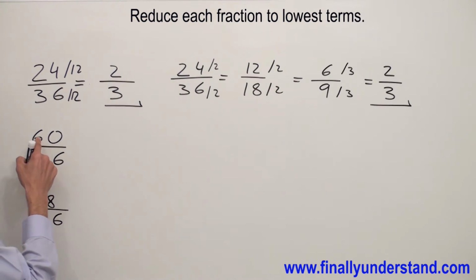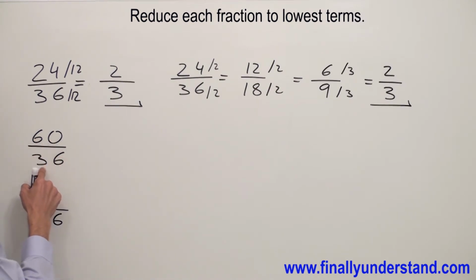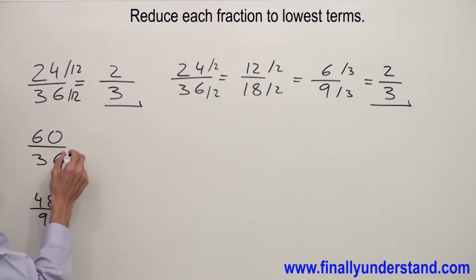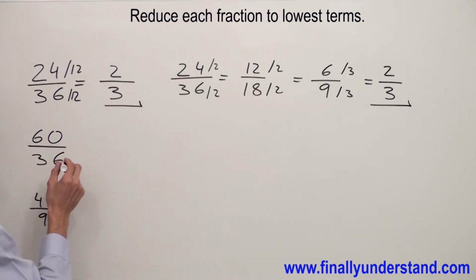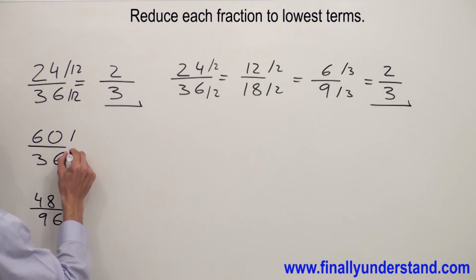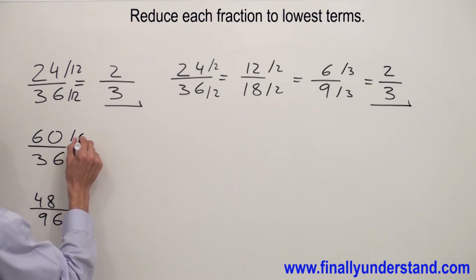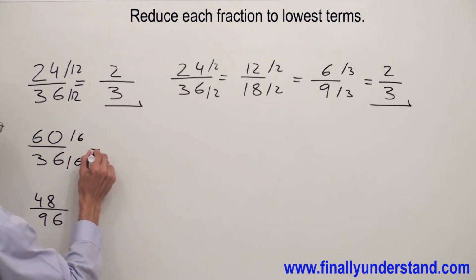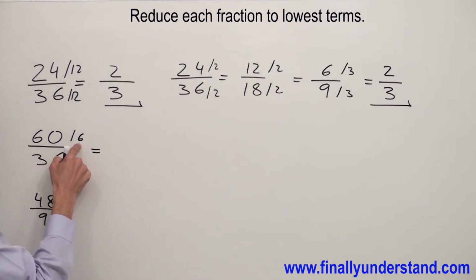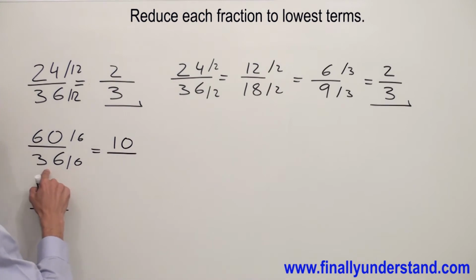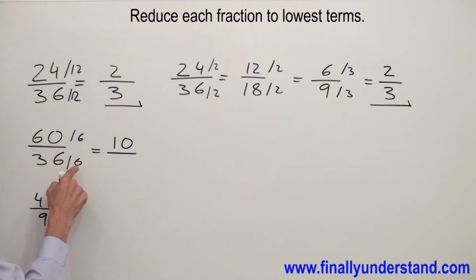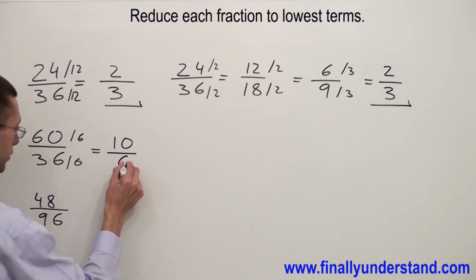Now, let's take a look at another example. I have 60 over 36. Okay? 60 and 36 are divisible by 6. 60 divided by 6 is 10. 36 divided by 6 is 6.